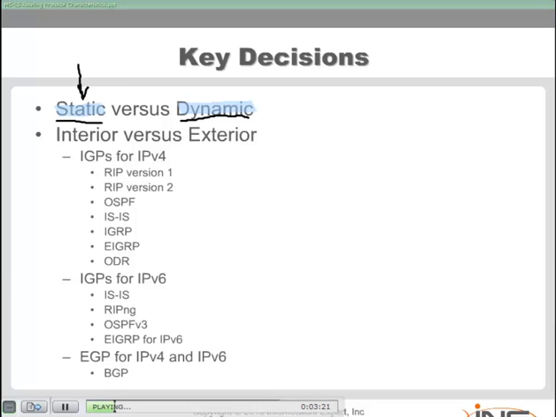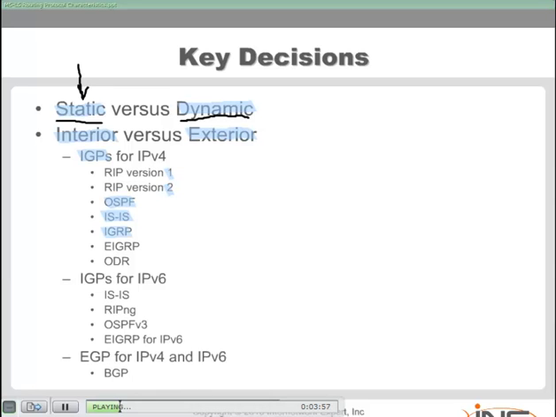Something else that we have to look at when we are choosing our routing protocol is, is it an IGP? Is it an interior gateway routing protocol? Or is it an exterior gateway routing protocol that we need? When we are routing within our organization, when we are routing in what we call our autonomous system, we have lots of different IGPs we can choose from. There's version 1 and 2 of RIP. There's OSPF. There's intermediate system to intermediate system, otherwise known as ISIS.